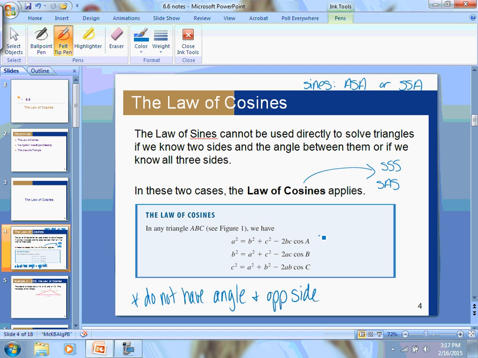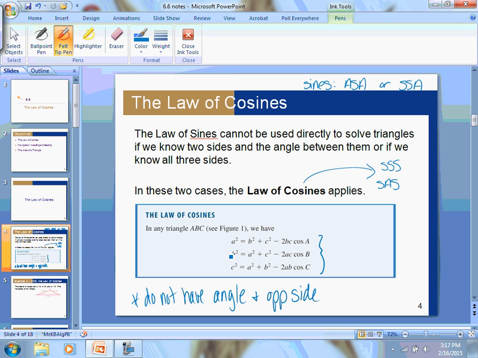Now notice that you can use any of these three formulas. We're just going to use one at a time. But notice that what you're solving for is going to be a side measurement. And then what you're going to be using here, this is side A, so you're going to be using angle A. And then you also have the B's and the C's that get filled in inside of it.